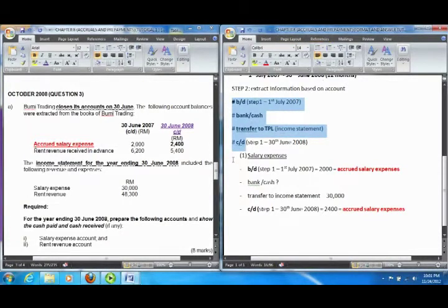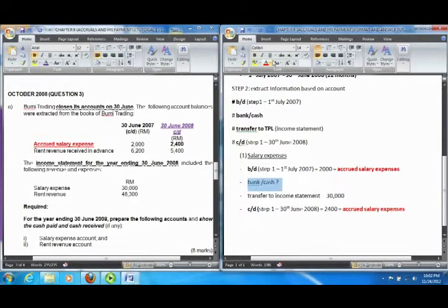Alright, so some questions sometimes give you BD, bank, and transfer. So you need to find your CD. Certain question will give you BD, bank or cash, and your CD. Then you need to find your TPL. But in this question, it gives you BD, it gives you the amount to transfer to income statement, and your CD amount.